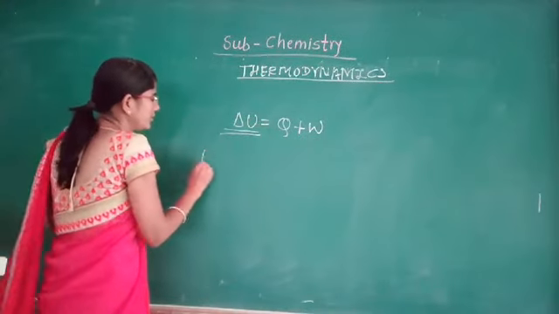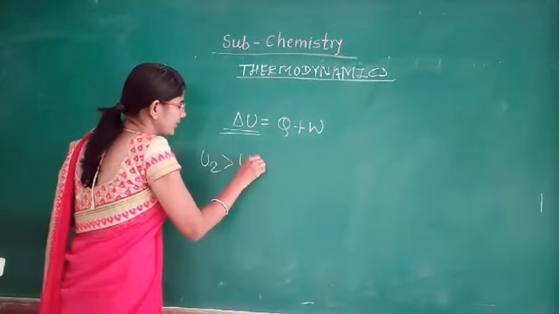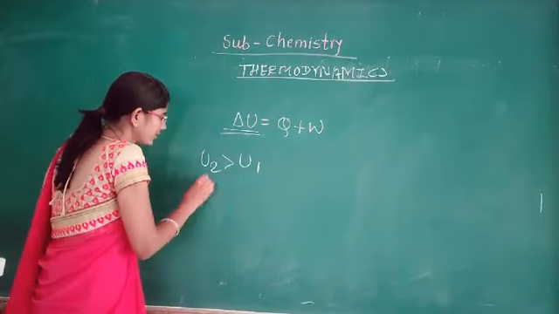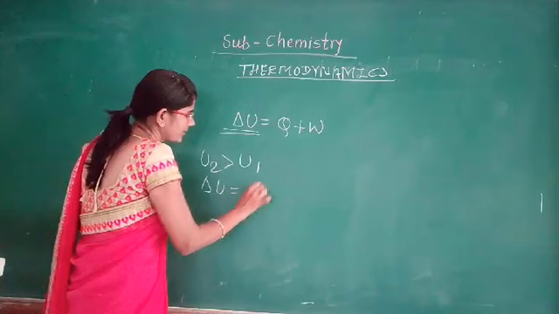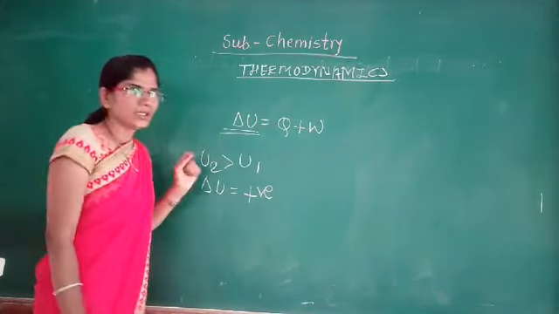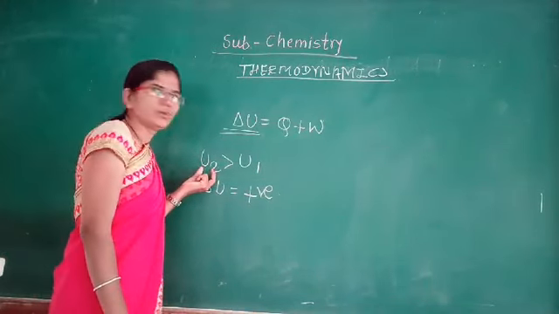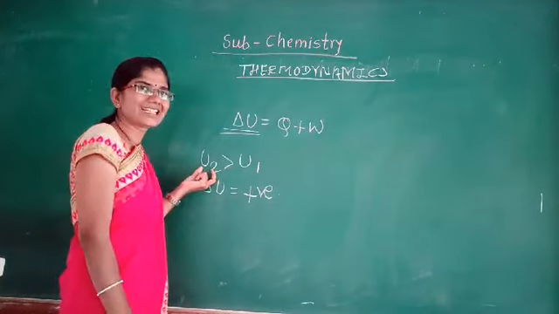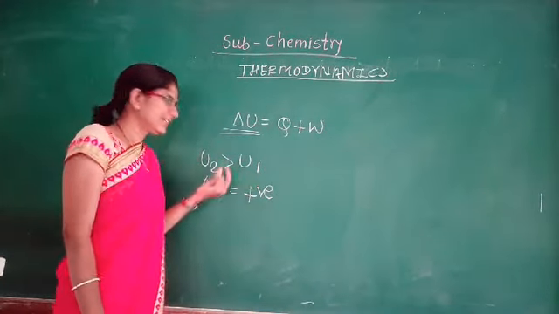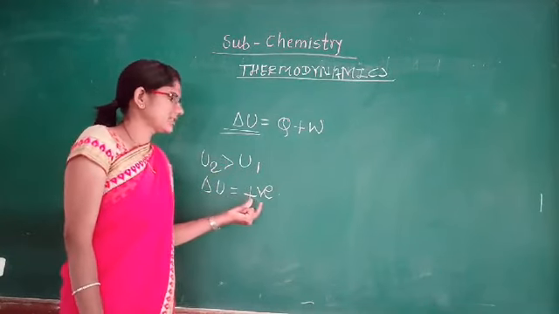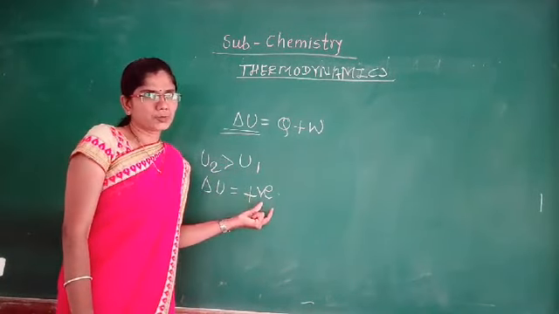If U2 is greater than U1, and therefore the change in internal energy has a positive value. If U2, the final internal energy, is greater than the initial internal energy, then the change in internal energy is positive.